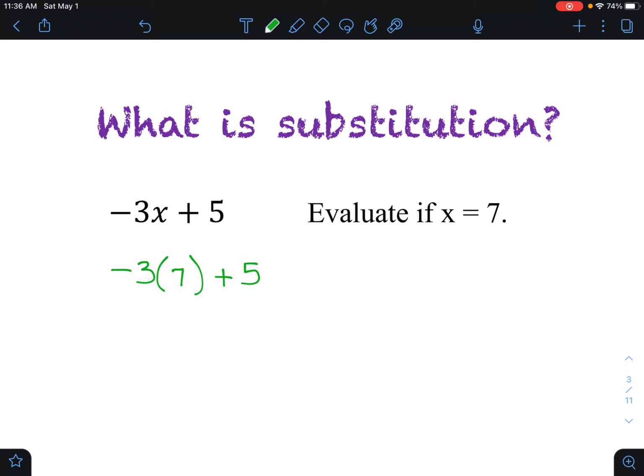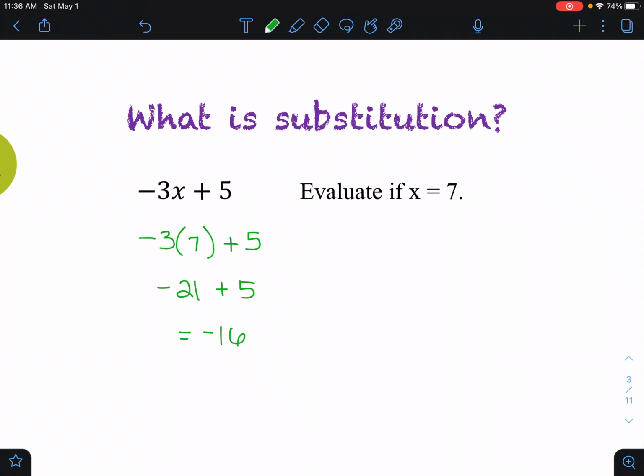PEMDAS says I need to do multiplication first, so negative 3 times 7 is negative 21, plus 5, and that would give me negative 16. So by substituting in, because they're equivalent, I can figure out what this expression equals, and it would be negative 16. So that is substitution.